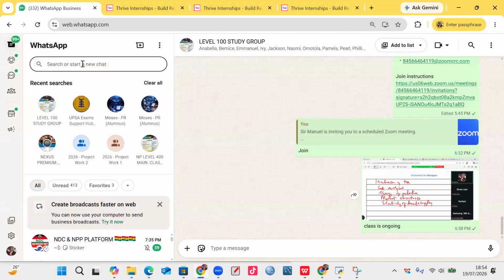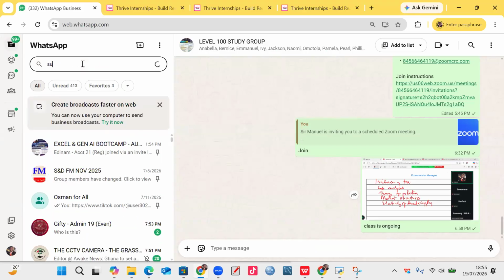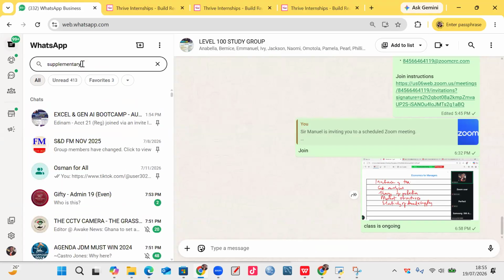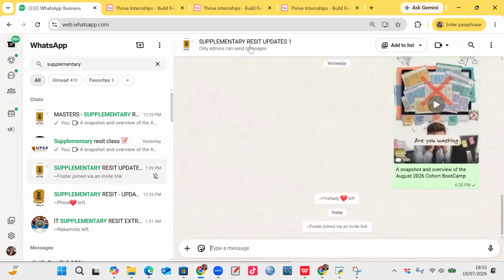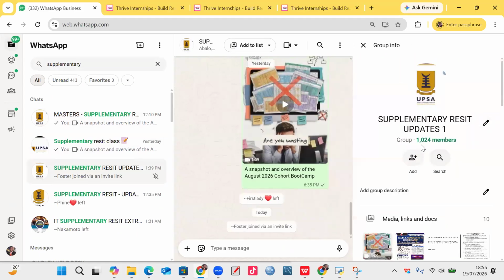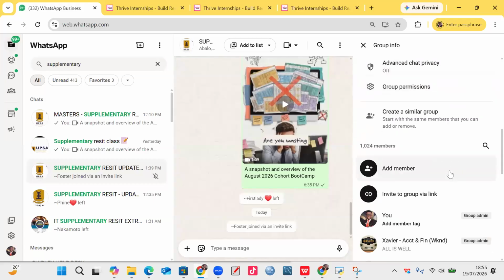See. This is your group, level 100. Supplementary resit. You think I'm joking? Just watch. Look at them. These masters, they are supplementary resit students. This is group 1. Look at the number of students in there. 1,024. All these people, except me, I am the admin.